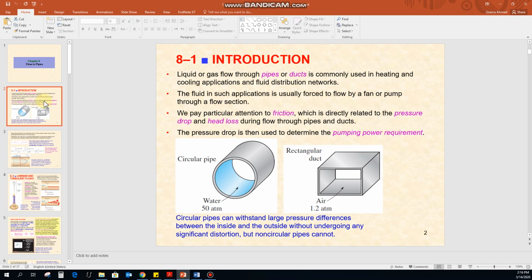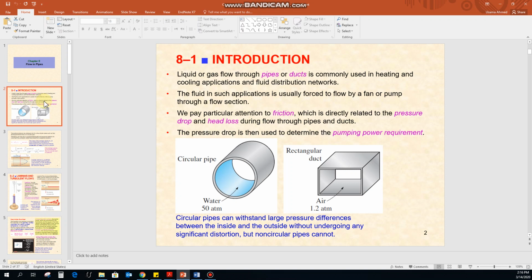Liquid or gas flow through pipes or ducts is commonly used in the heating and cooling applications and fluid distribution systems. So we can either choose the pipelines or we can use the ducts to transport the liquids from one place to another. But there are different pressure calculations for both the pipes and the ducts, and how we can measure the pressure drops.